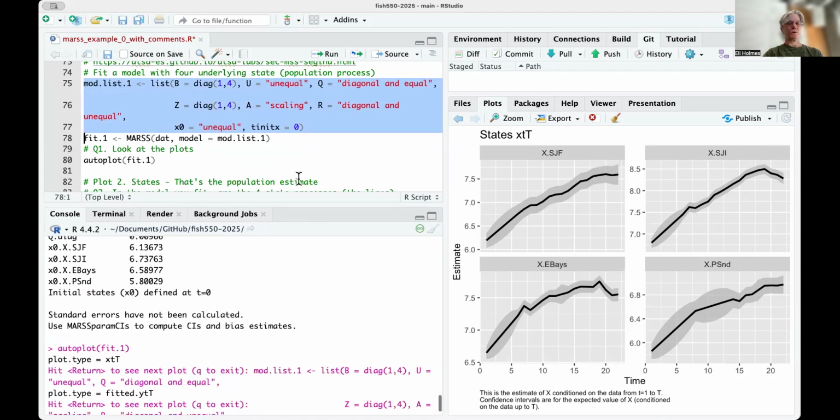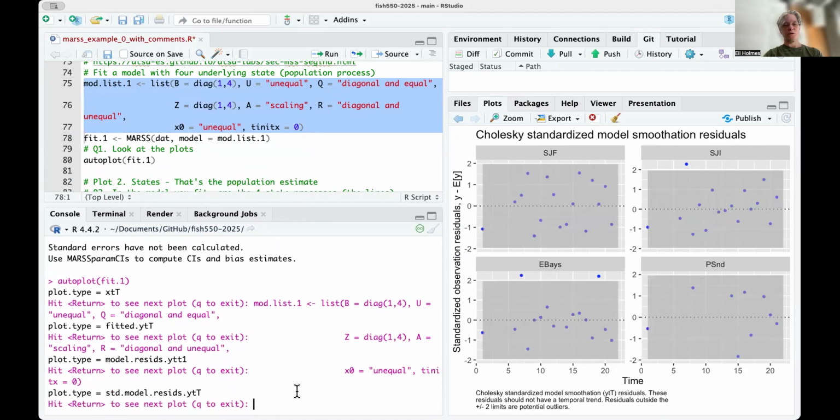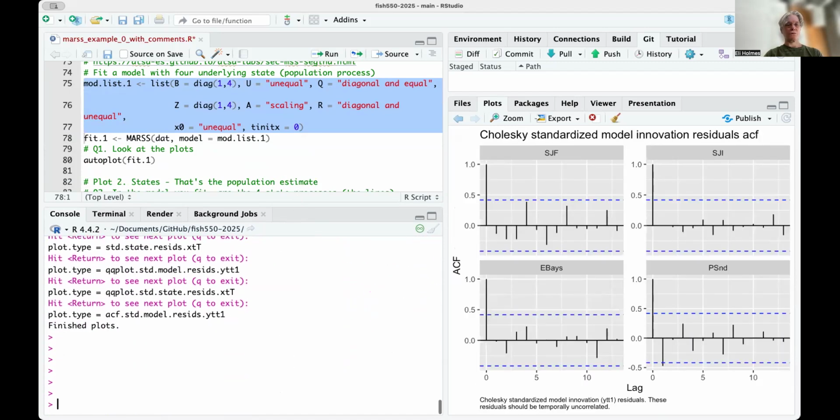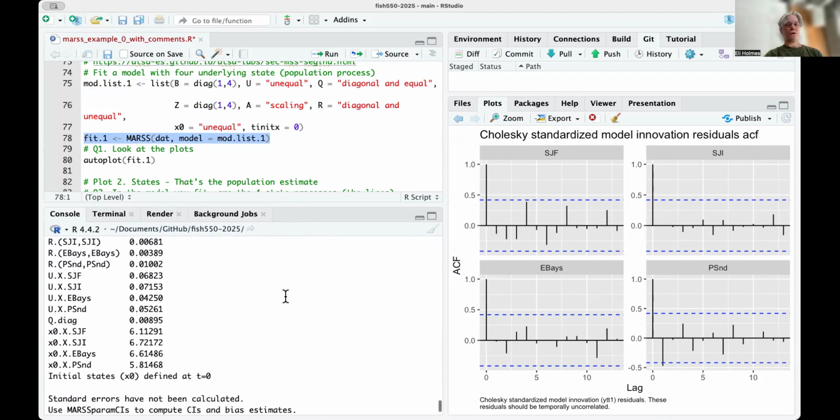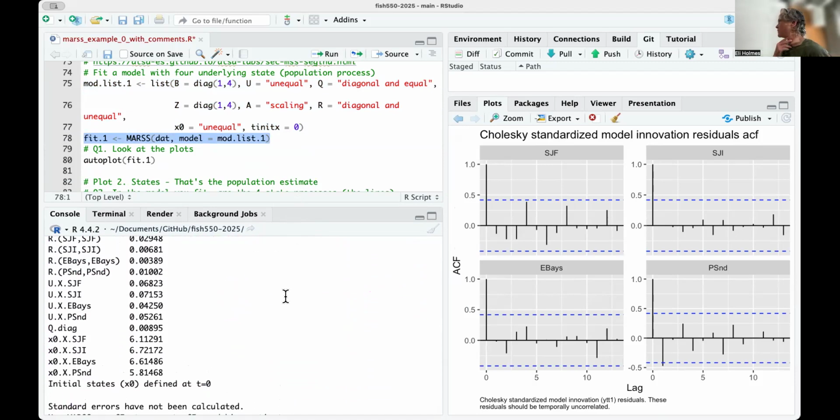And let's run that one. Oh, sorry. Run that. And run that. And now you can see it's estimating these different ones. And so this is Greater Watertuca going up a little faster, San Juan Islands going up even faster, and then the Eastern Bays and Puget Sound going up a little slower.